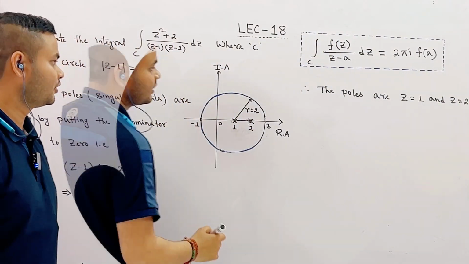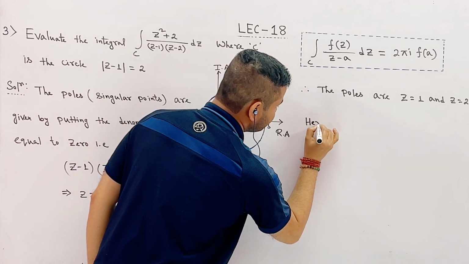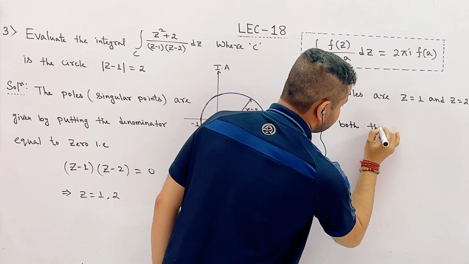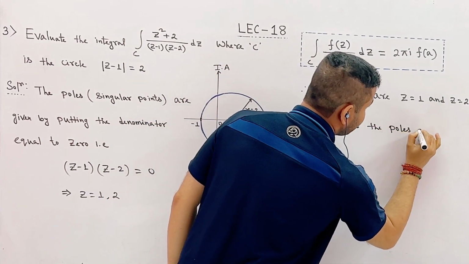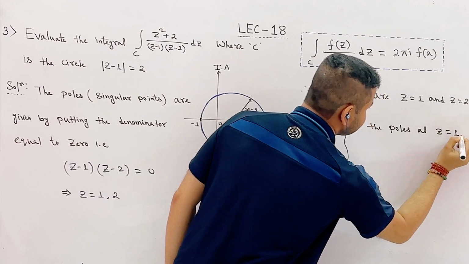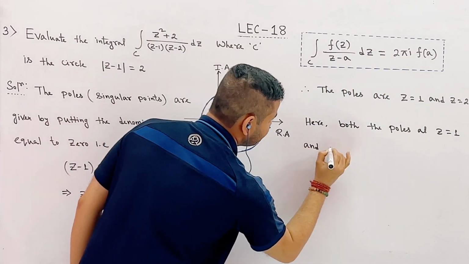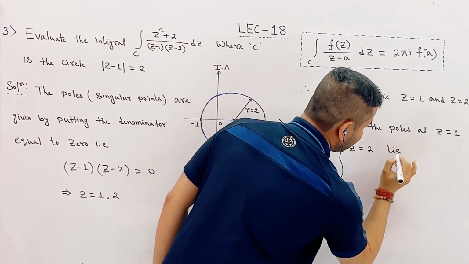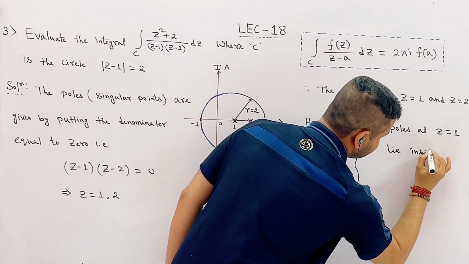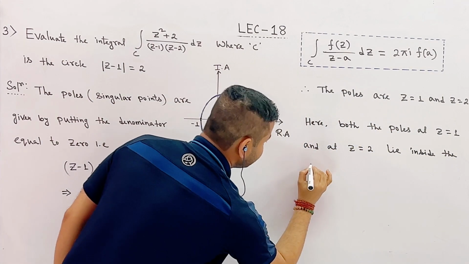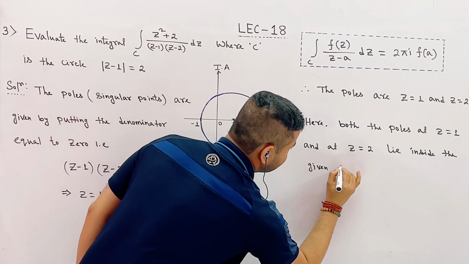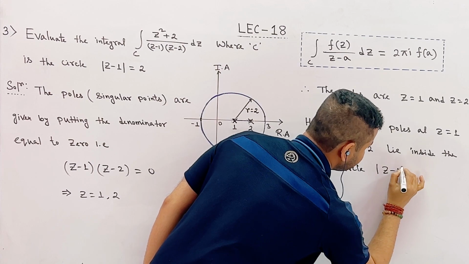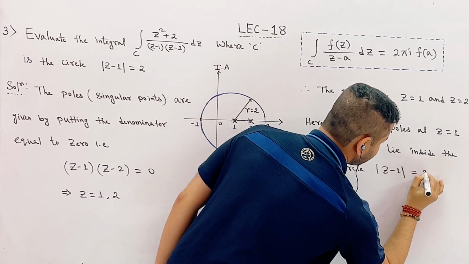First, let me write these points here. Both the poles at z equal to 1 and at z equal to 2 lie inside the given circle modulus of z minus 1 equal to 2.